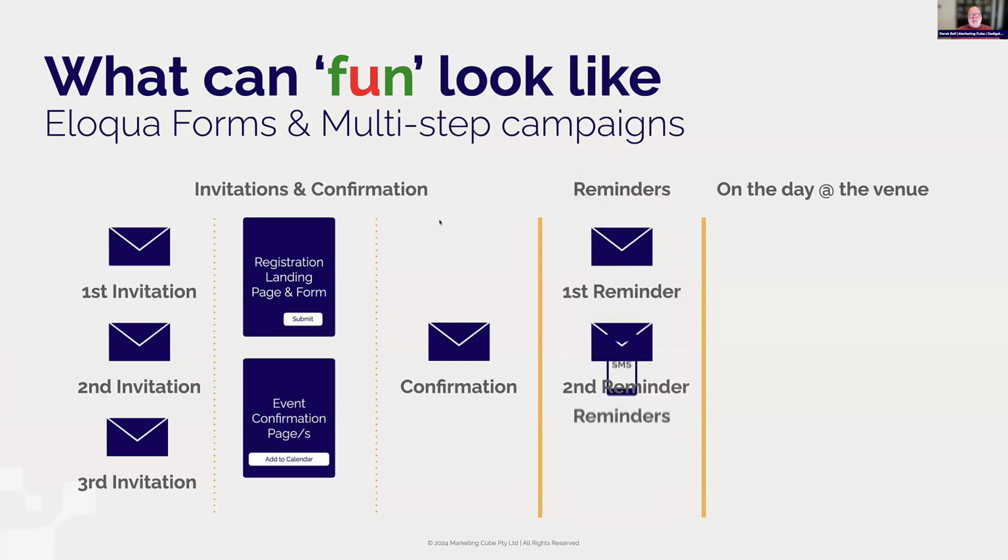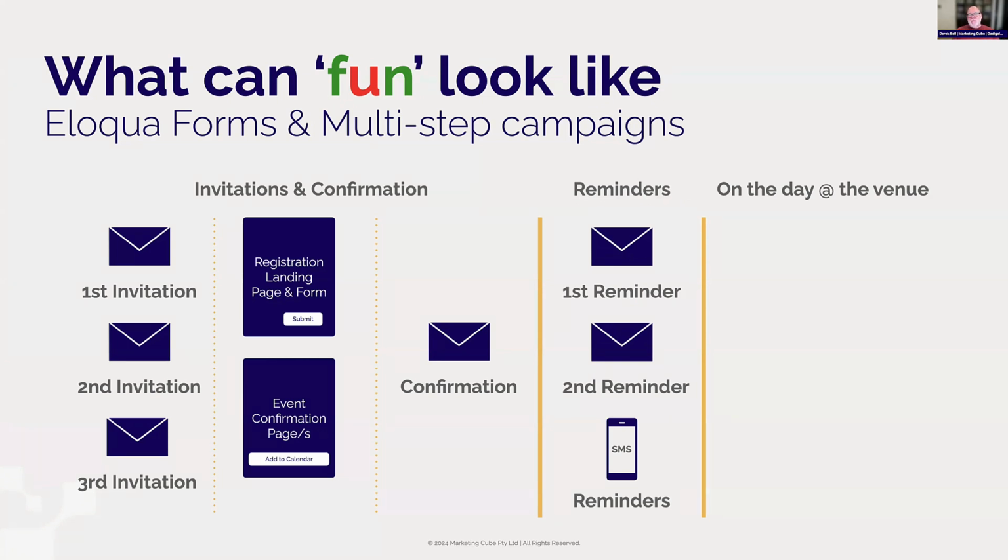So then come the reminders. Now, the language I use is reminders only go to people who have, in fact, registered for the event. So you'll notice on the far left, I don't refer to it as first invitation and then reminders. It's first, second, and third invitation, just so I'm crystal clear on what that is. And then the reminders.